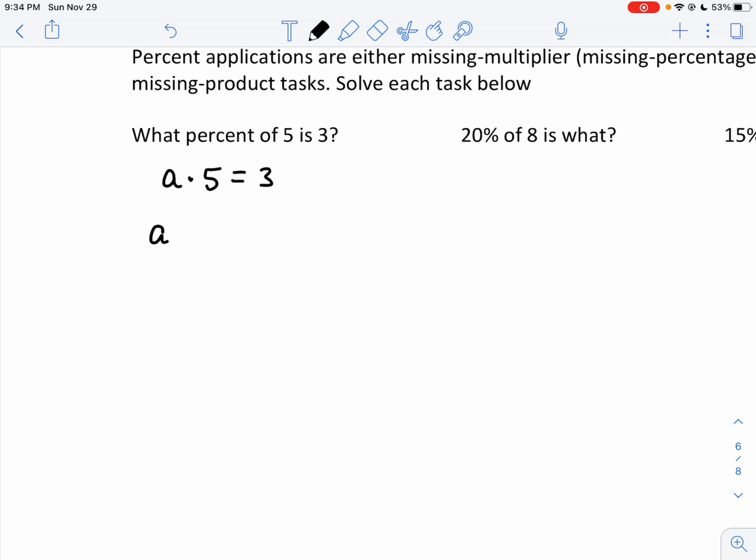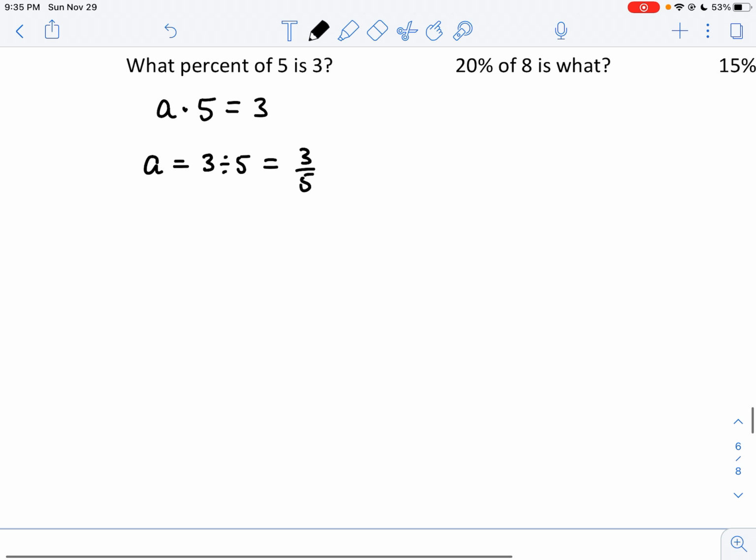So A can be found by, to find a missing multiplier, we're doing quotative division. Right, so we're saying, okay, well, do 3 divided by 5, essentially. Or in other words, 3/5. That's what A is. We'll convert 3/5 to a decimal by multiplying, or get it to a fraction where we have a 100 down there.